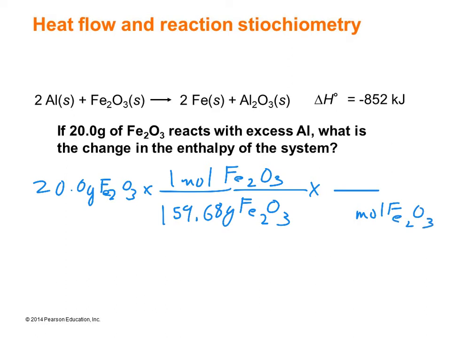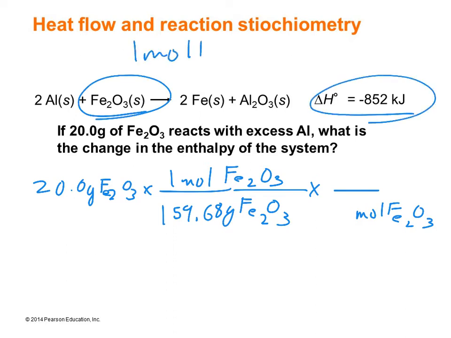I don't want moles of iron(III) oxide, I want energy. According to my chemical equation, it's a 1 to 1 relationship: 1 mole of my rust is equal to 852 kilojoules.